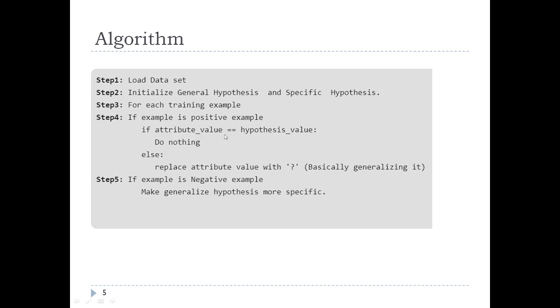If both are the same, we do nothing and keep the same value. Else we replace the attribute value with a question mark, meaning we are making the specific hypothesis into a more generalized form. Then, if the example is negative, we make the general hypothesis more specific. So that is the candidate elimination algorithm.